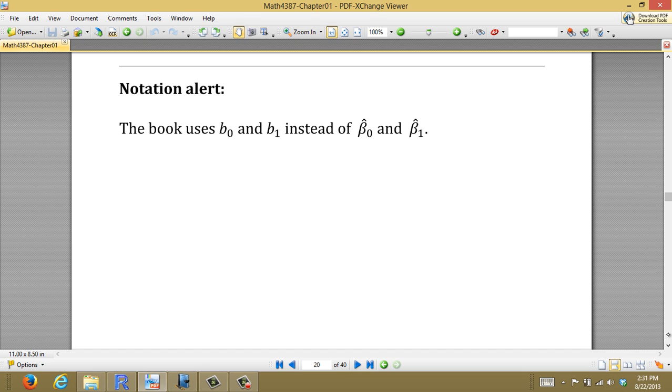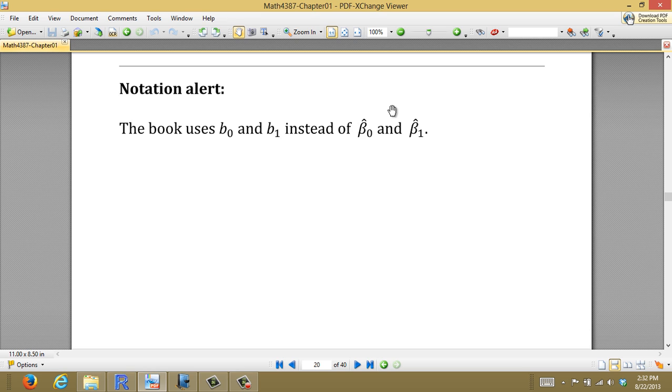One thing I should point out, and make very clear, is that the book is going to use slightly different notation at times than the notation that I use. Instead of beta naught hat and beta 1 hat, the book uses lowercase b naught and lowercase b1. I don't really like that notation because it's particular to this book, not what's used in general. In most statistics books, the standard practice when denoting an estimator of a parameter is to put the hat symbol above the parameter.